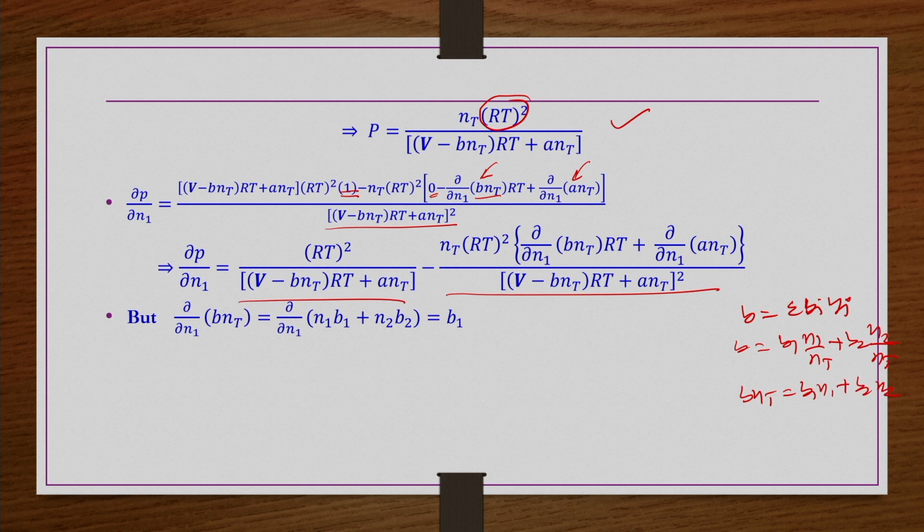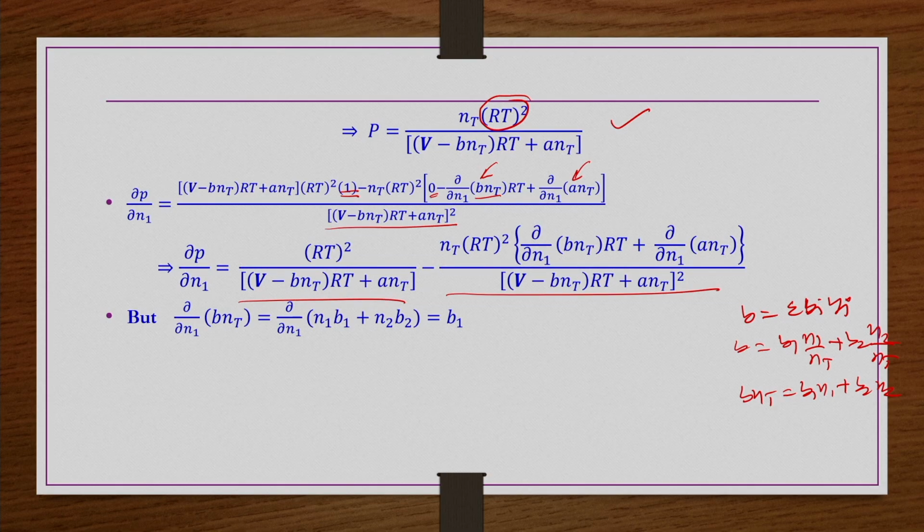So, B NT is nothing but B1 N1 plus B2 N2. We are doing it for the binary mixture, because the same van der Waals equation, when we took it in volume explicit form, we did for a binary mixture as a starting point. So, dou by dou N1 of B NT is nothing but dou by dou N1 of N1 B1 plus N2 B2, which is nothing but B1 according to the mixing rule that we have taken. Okay.